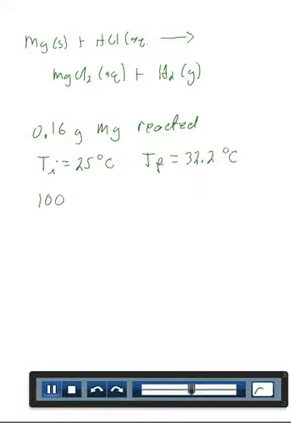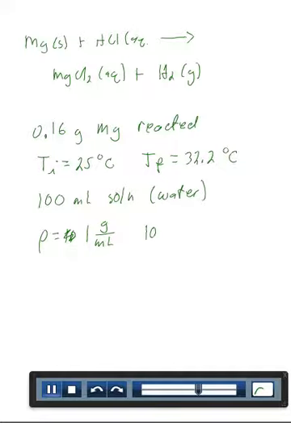And we have 100 milliliters of solution, which we are approximating as pure water. If we have a dilute solution, we can just use the specific heat and density of water. So the density of water is equal to 1 gram per milliliter. So that means 100 milliliters equals 100 grams of water.